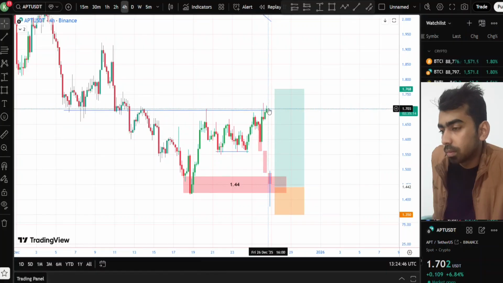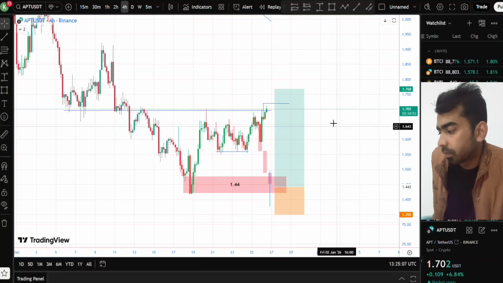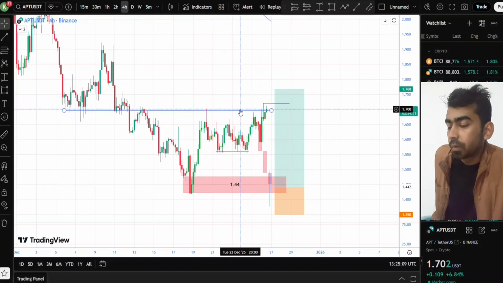Maybe they place their SL above this candle, and this candle will take all the SL if BTC goes upside.